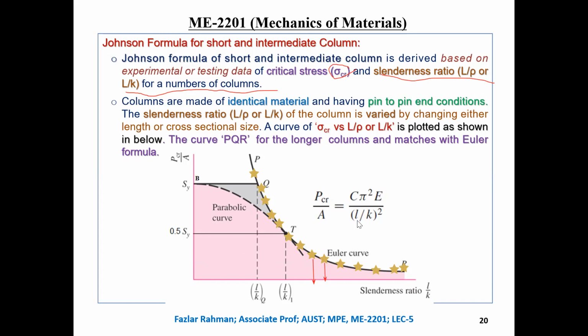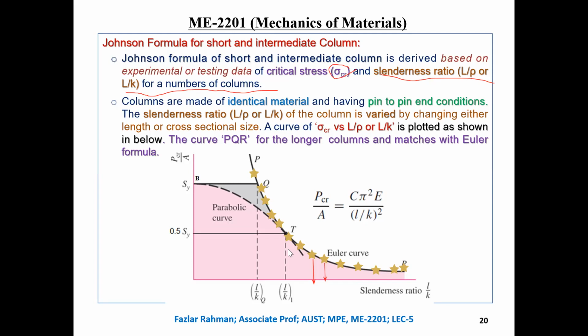Now, how much load can a column take? Critical stress, how much? Do you know the yield strength? If I load more than the yield stress, then what will happen? Plastic deformation.